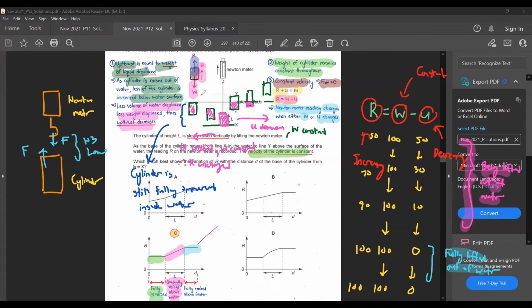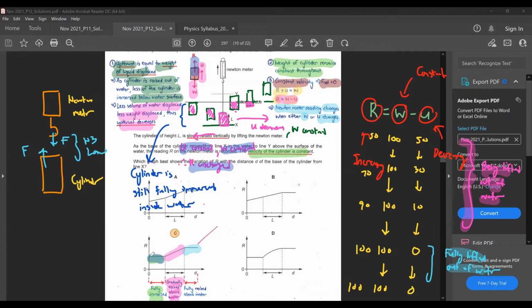As you're raising the cylinder out, but your cylinder hasn't started to emerge from the water yet, your upthrust by right will remain constant, your weight will also still remain constant, so your reading is unchanged.